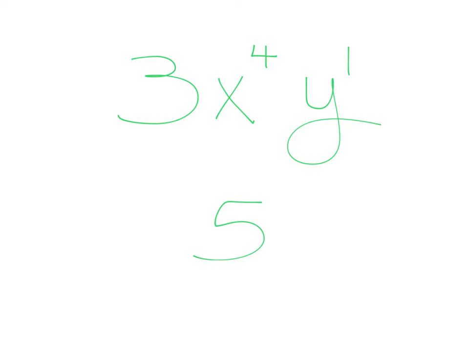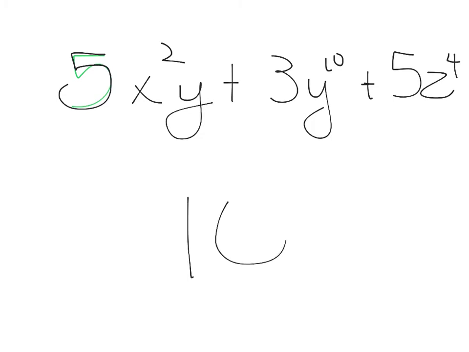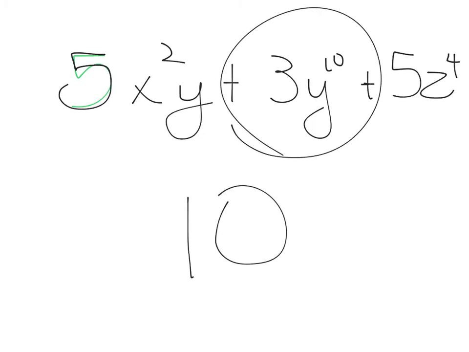When you've got the plus and minus signs going on, let me do this in a darker color so it shows up. 5x squared y plus 3y to the 10th plus 5z4. What is the degree of this polynomial? 10. We look for the biggest. As soon as you see those plus and minus signs, that's when we do each one separately and then find the largest number. Pretty good on finding the degree.